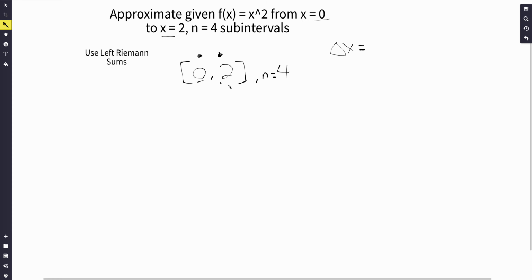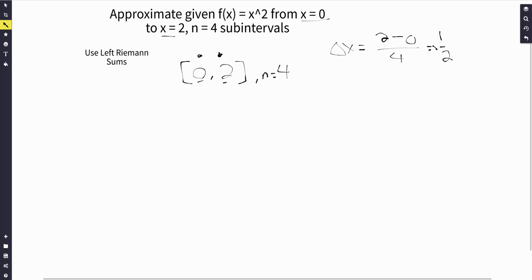So it'd be b minus a, so 2 minus 0, all divided by the n value, so 4. So that's equal to 1/2, or 0.5. So what you have to do in left Riemann sum is just use the left value. You would ignore the last right value, basically.